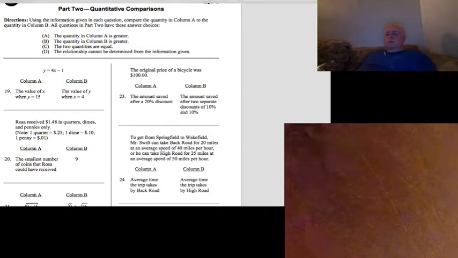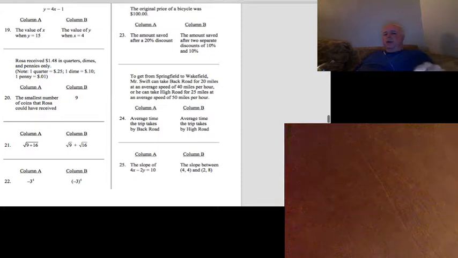All right, so we could spend a couple of minutes trying to understand what these questions are about, but it's easier just to skip to problem number 19 and just figure it out. So in other words, for 19, let's say the value of x when y is 15 ends up being 0, and then the value of y when x equals 4 ends up being 99. That would mean column B is greater than column A, and therefore B was the answer.